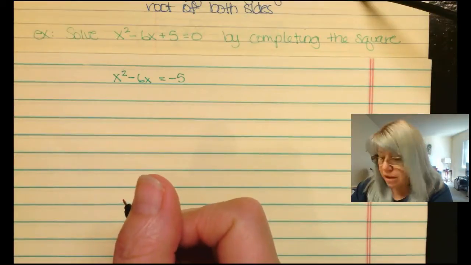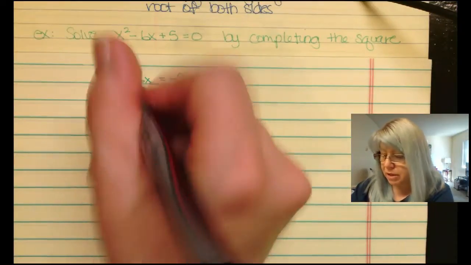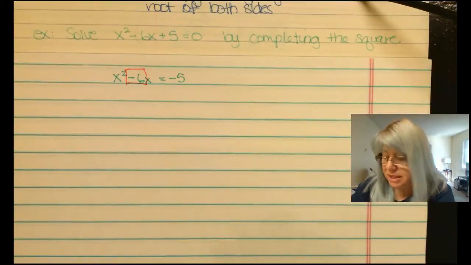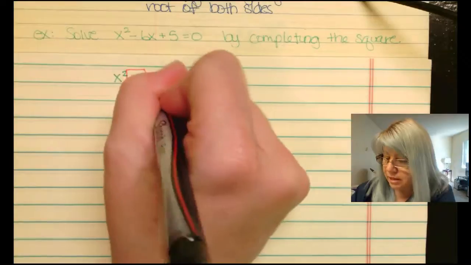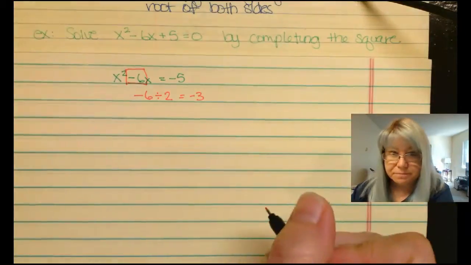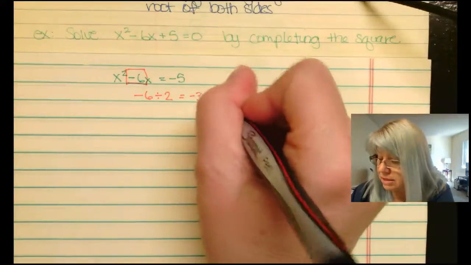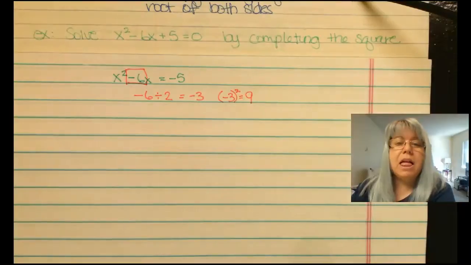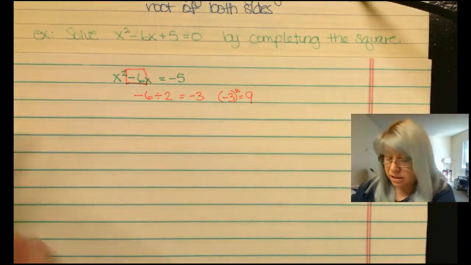So I need a value to be able to do that. What I'm going to do is take the value that's in the middle, negative 6, and divide it by 2. That gives me negative 3. And then I square negative 3, which is 9. 9 is what I'm going to add to both sides.